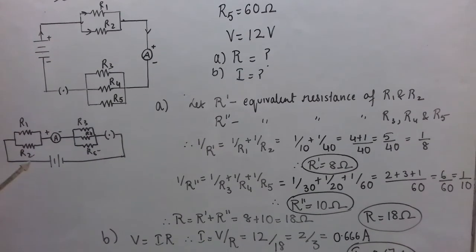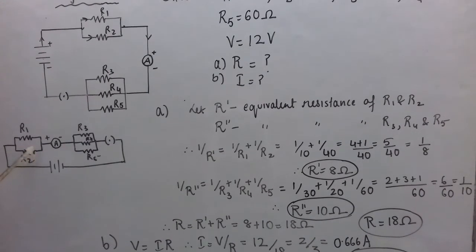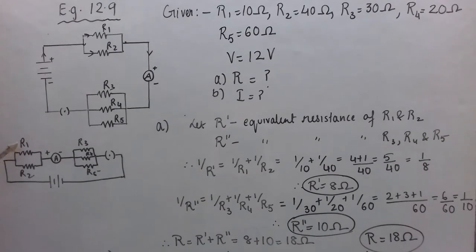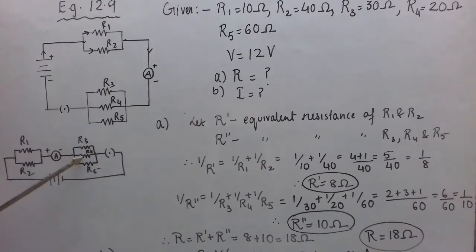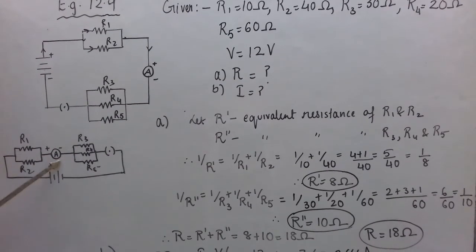Now when you look at the figure, it is drawn in such a manner that you can simply say that R1, R2 are connected in parallel, R3, R4, R5 are connected in parallel separately, and both these combinations are connected in series.